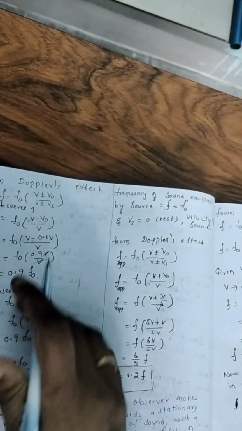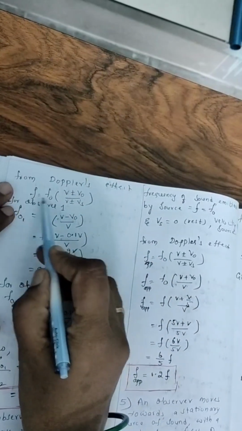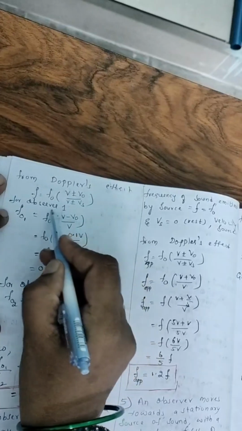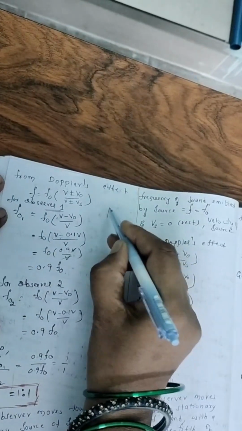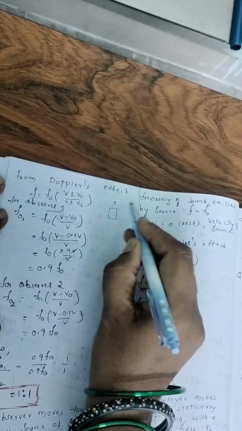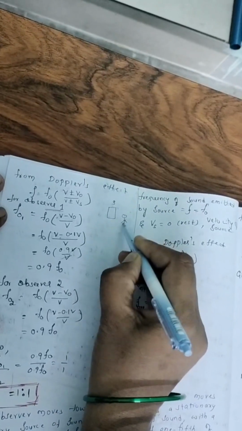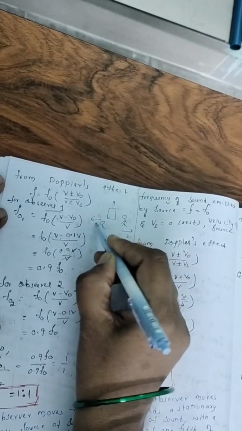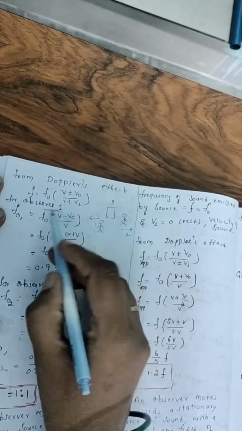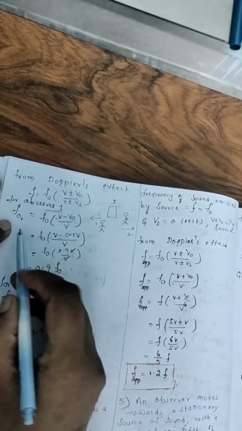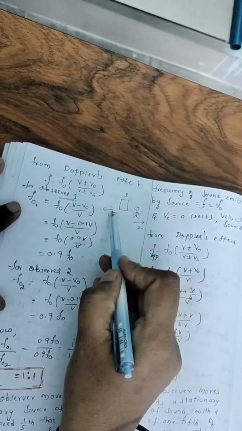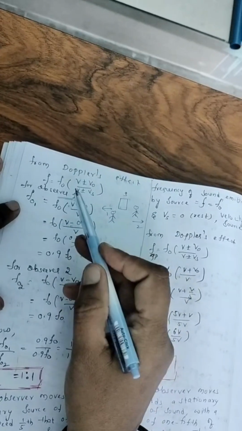Now, next what we have to write? From the Doppler effect, what is the formula? F is equal to F naught times V plus or minus V naught by V plus or minus Vs. Now for observer 1, again here I am drawing the source at rest, observer 2 moving this side, observer 1 moving this side, we are assuming. For observer 1, I am writing FO1 as F naught into, the observer is moving away from the source.